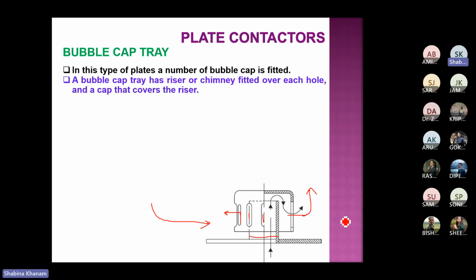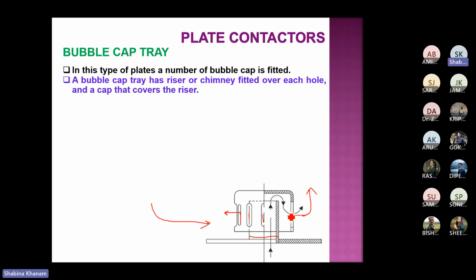Then it has the cross flow. So in a bubble cap tray there is a riser, which we call a chimney, and there is a gap between the cover and this chimney, or between the cap and this chimney.